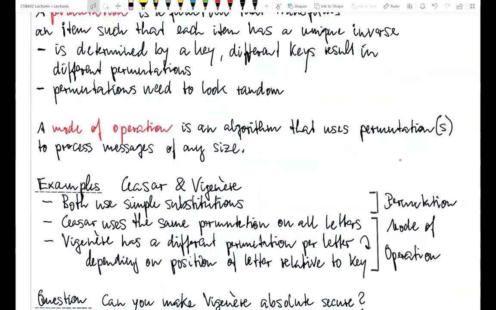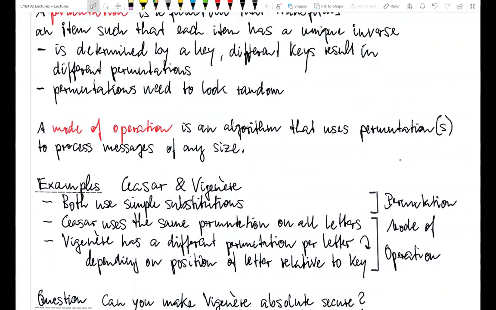So the other abstraction is what we call mode of operation. The mode of operation is an algorithm that uses permutations to process messages of any size.